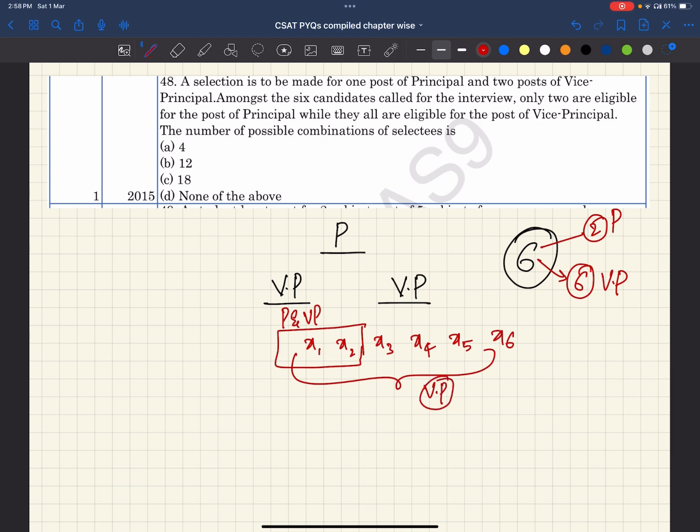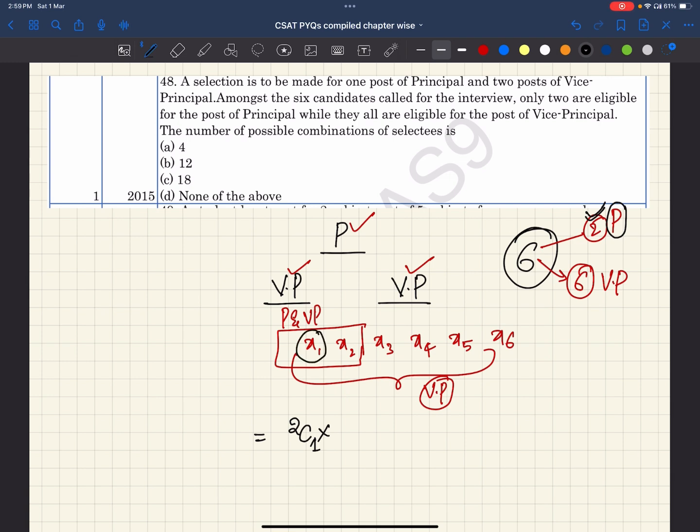Now, what is it telling? We have to select one principal and 2 vice principals. Now, I will select one principal from these 2. Selection means what? Combination. That means from 2, I am selecting 1, and already I have selected 1 from this group.